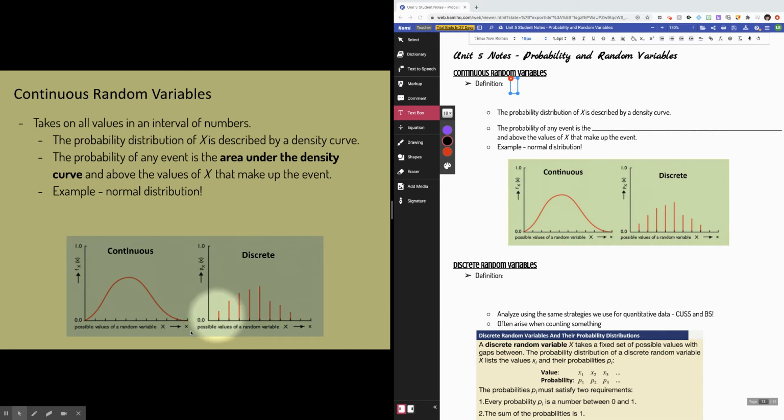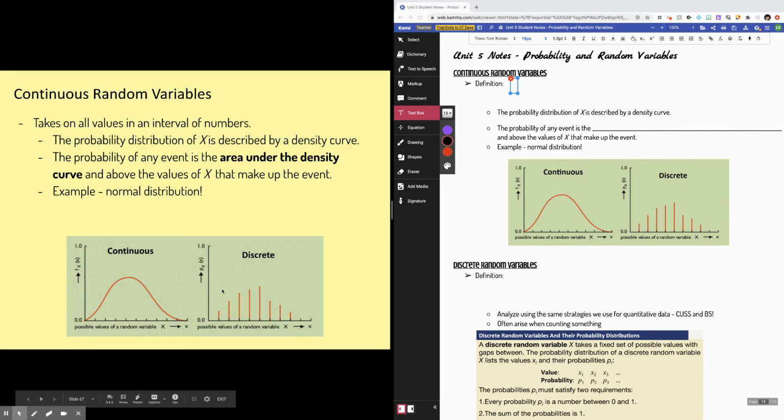The last distribution that we looked at, with the number of heads, was a discrete distribution, because you couldn't get 1.5 heads. There are discrete values that the variable can have.